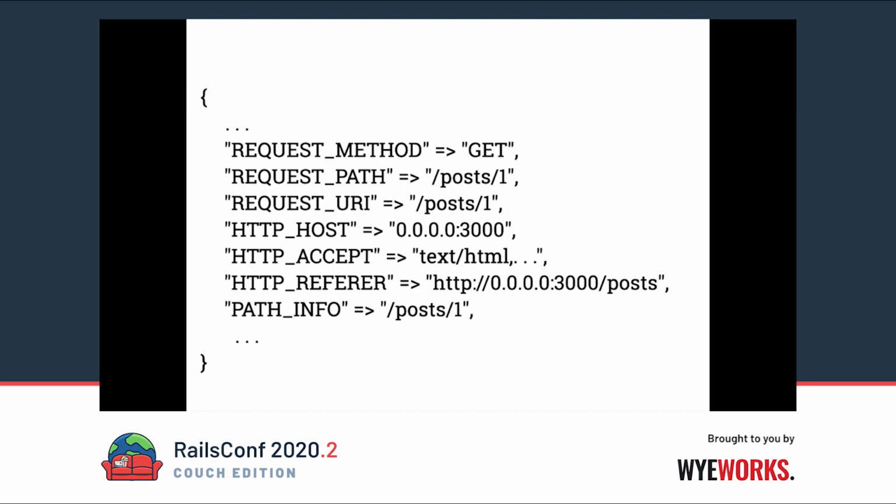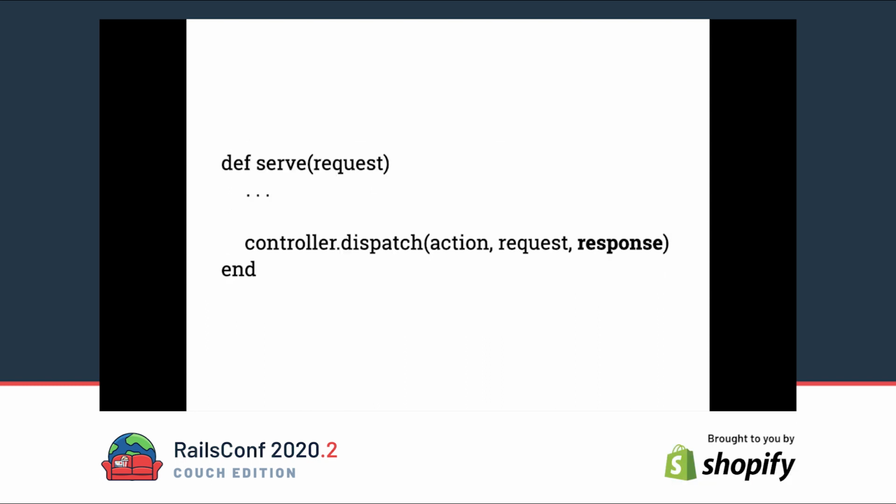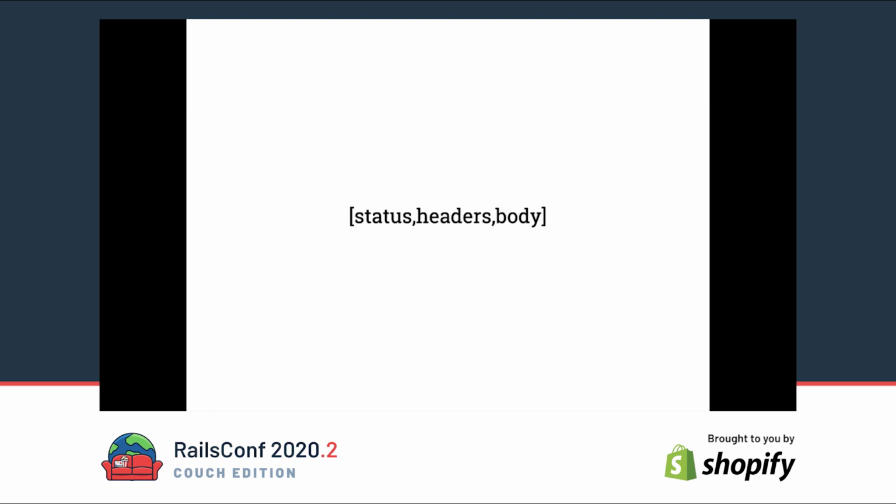The details of the request live in a hash that looks like this, giving you details like the path info, parameters, and other data provided by the original request. The last piece is an empty response object that makes it easy to get and set data for the response. The router provides all of that information, and in return, it needs to know these three things from the dispatch method: the status code, headers, and body of the response.